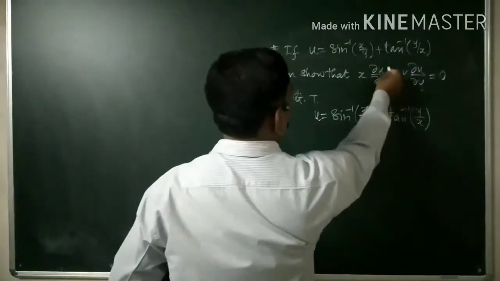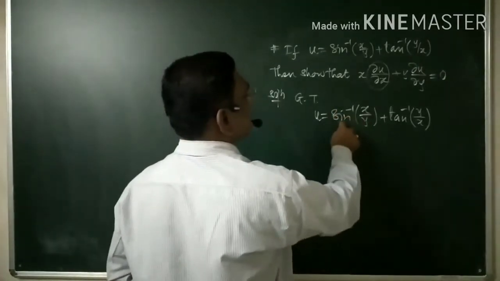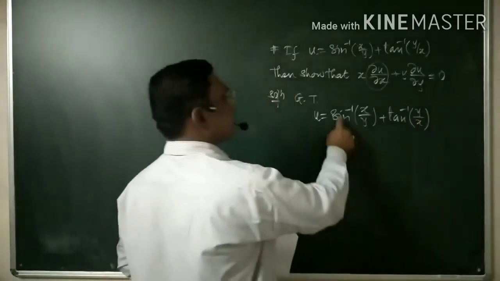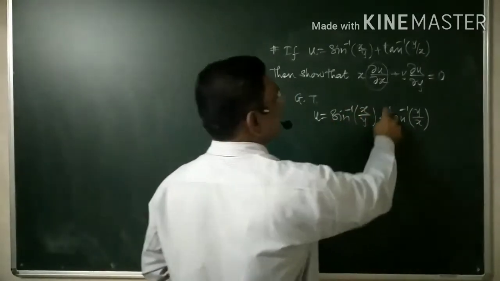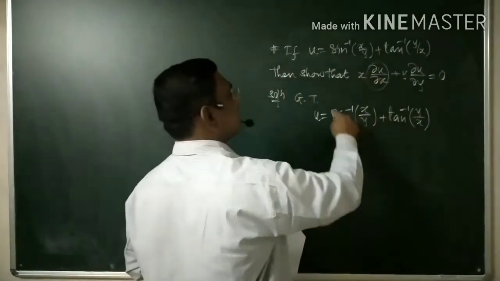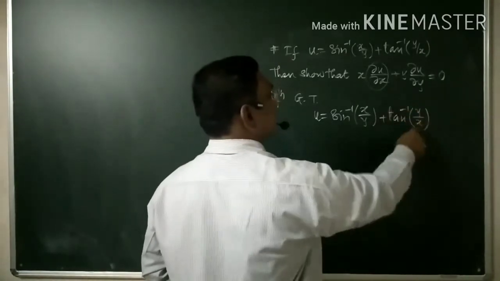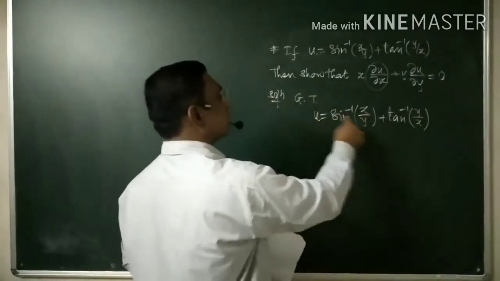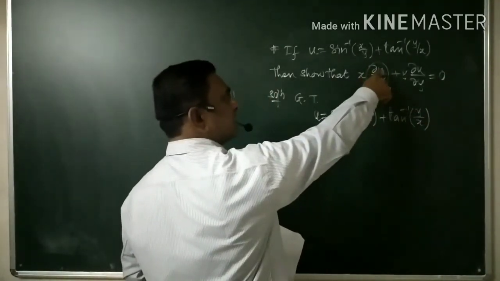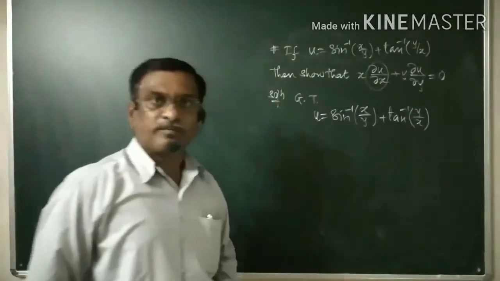Let us find delta u by delta x. As sine inverse involves x, and tan inverse also involves x, we can differentiate this with respect to x, and this with respect to x. As u is a function of two variables x and y, we need to take the derivative of u partially with respect to x as well as partially with respect to y.